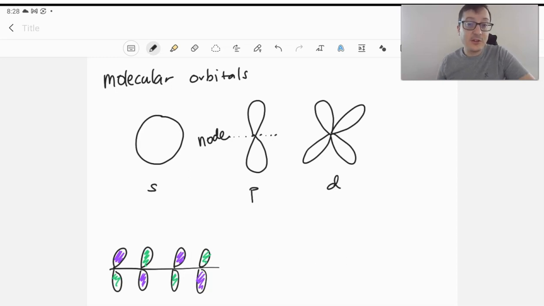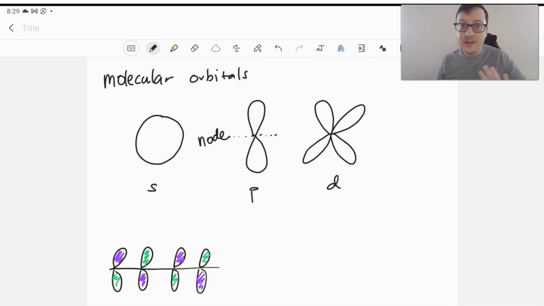And electrons are allowed to pass through that node without ever actually existing in it. Remember, that's some weird stuff that you'll learn called tunneling. But electrons can actually pass through from one side of the p orbital to the other without ever actually crossing the node. So the node is just an energy barrier.